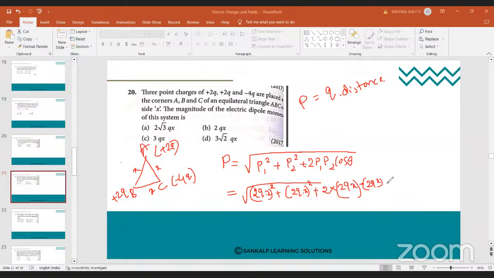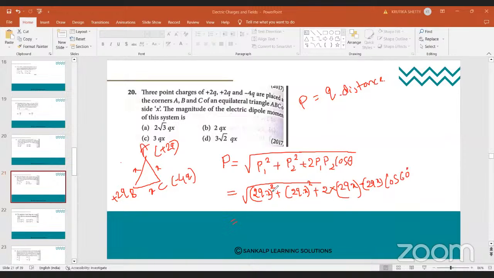then cos theta. So in an equilateral triangle, what is the value of theta? For an equilateral triangle, what is the value of theta? It is cos 60. Yes, correct, very good. So it is cos 60. So take here cos 60. Okay, now you simplify this.